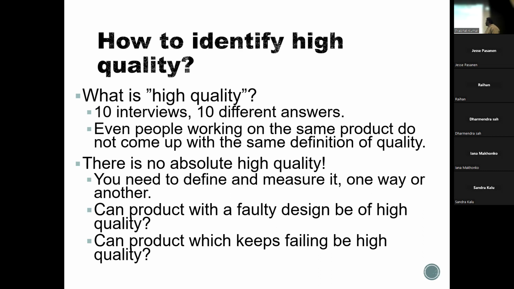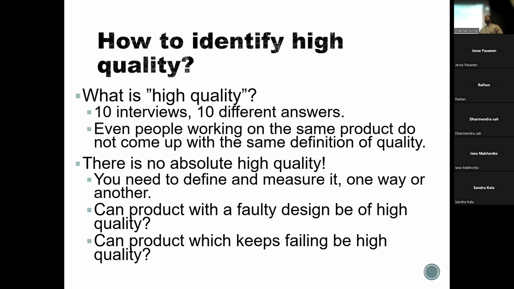We cannot say it has low quality, because ultimately it is doing what it was developed for. It might be failing on some other aspects which are not crucial, which are not stopping the software from being used or from doing its intended task. It is doing those things.